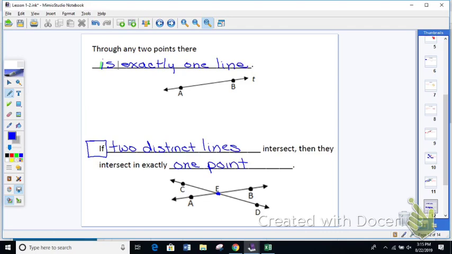It's intersect in the exactly one point. Right. If two lines intersect or cross, there's only one place that they can cross. Like where they intersect. Right. They can only do that in one place. So if they intersect here, when we keep going, they're never going to touch again somewhere else. They can only cross one time.